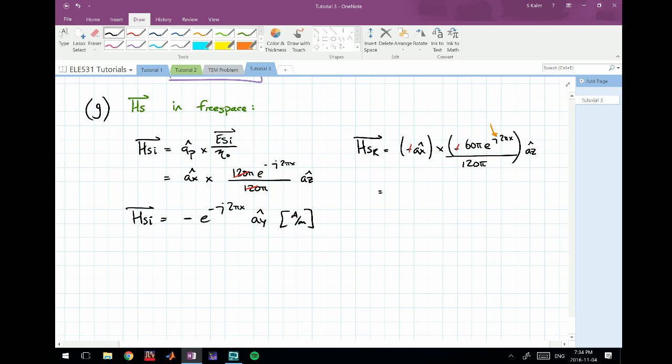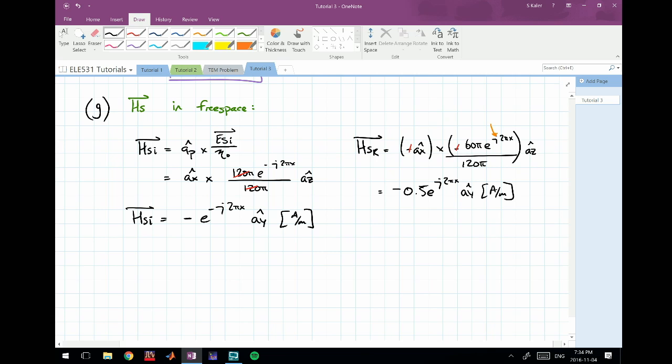Then again, we have this x cross z, so again I have minus. So I have minus 0.5 e to the j2 pi x AY amps per meter.